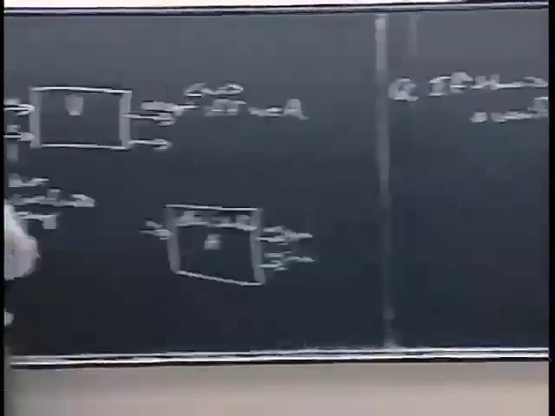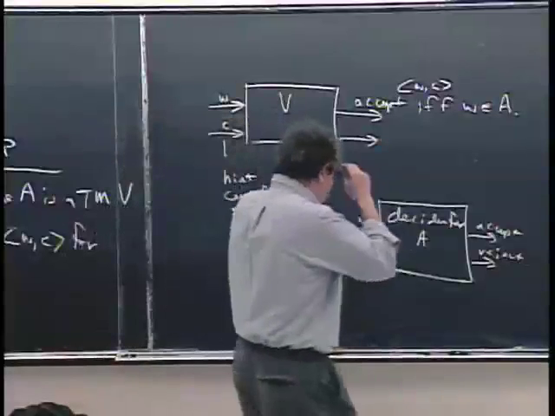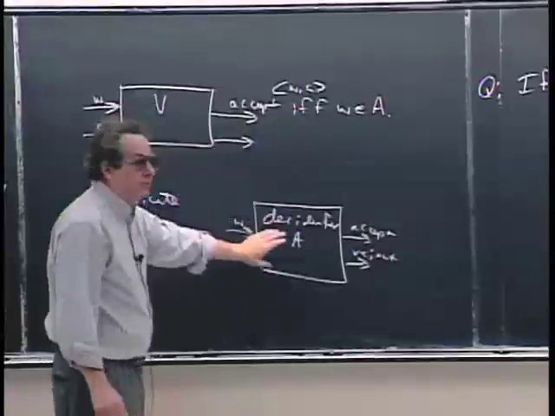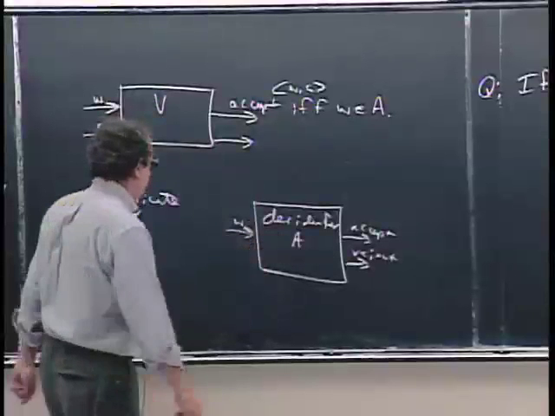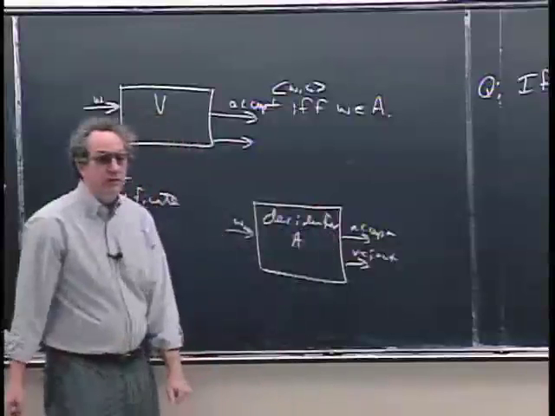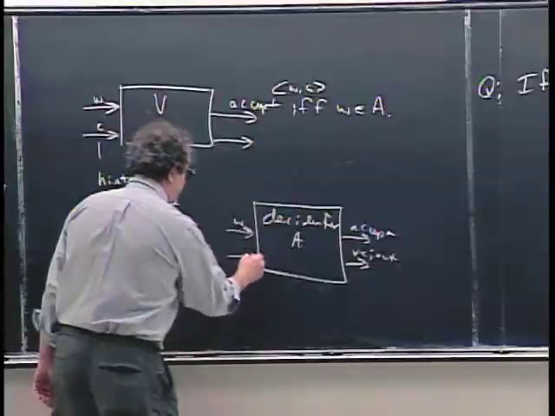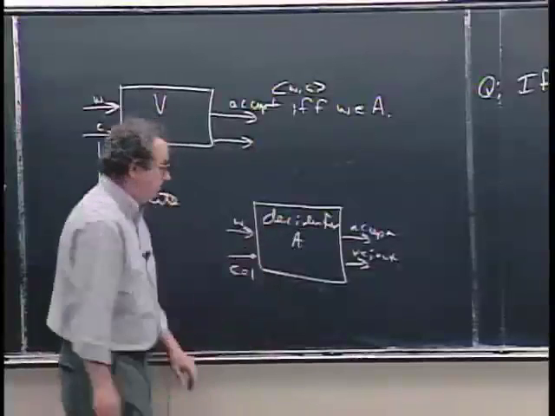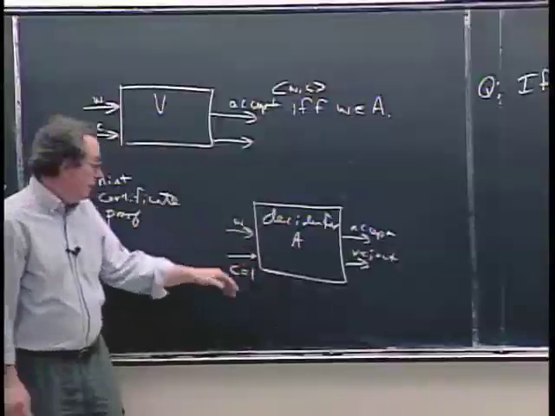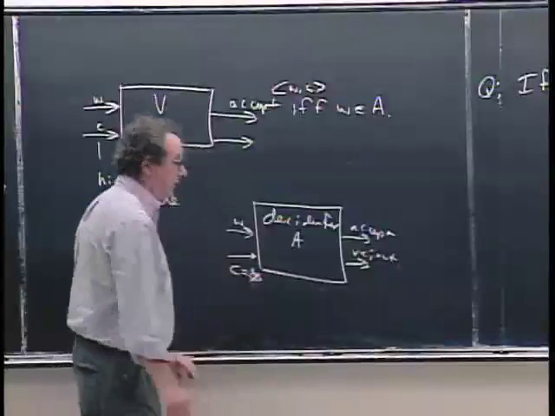Did I hear a no out there? Yes, definitely, because I can build a verifier if I have a decider. I'm going to turn this decider into a verifier in the following way. C is the empty string.